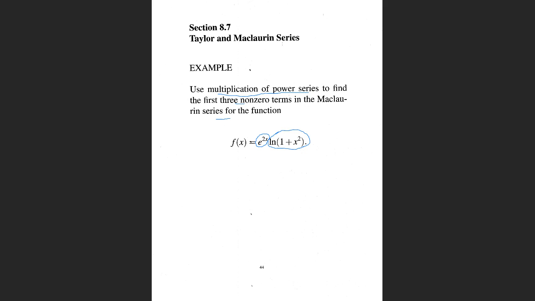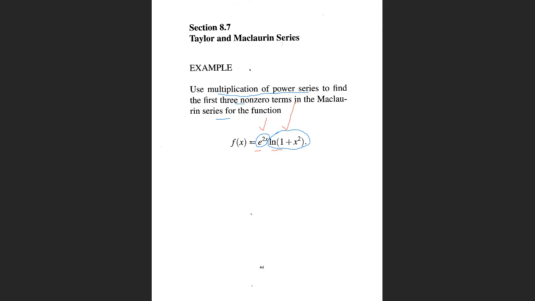If you look in the table in the book, you'll see a Maclaurin series for e to the x, an exponential function, and you'll see a Maclaurin series for the log of 1 plus x. That means we can get Maclaurin series for e to the 2x and the log of 1 plus x squared.